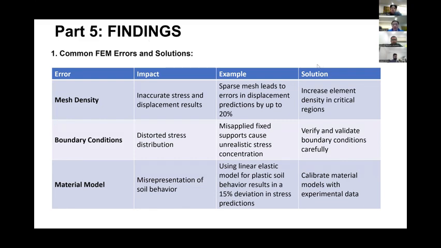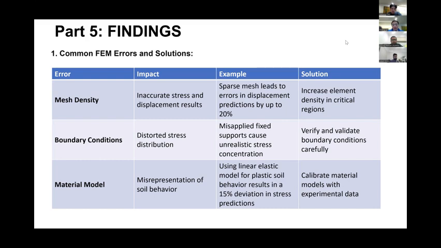The second error is the boundary conditions; distortions impact the stress distribution. For example, fixed supports cause unrealistic stress concentration. A solution is to verify and validate the boundary conditions very carefully.